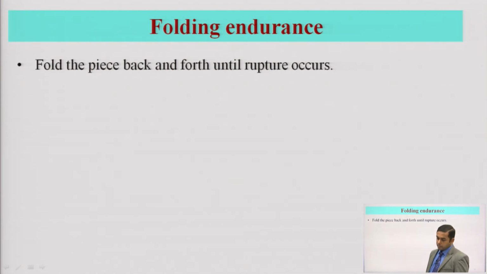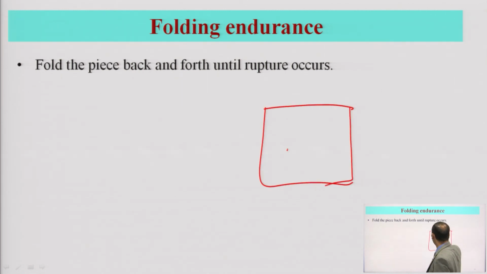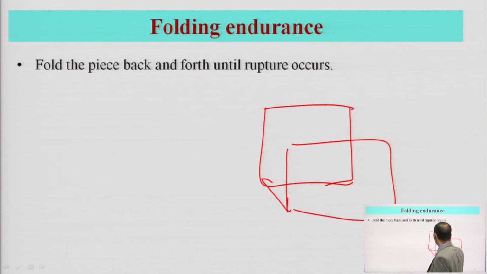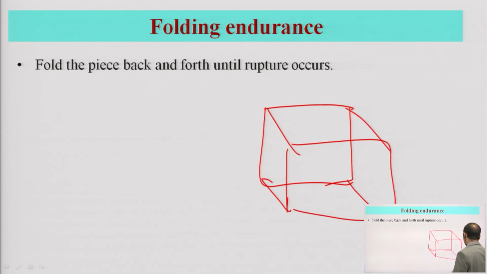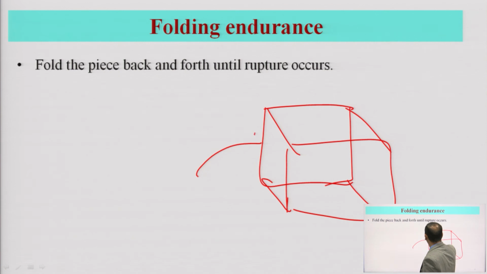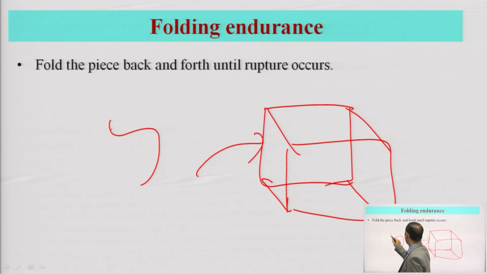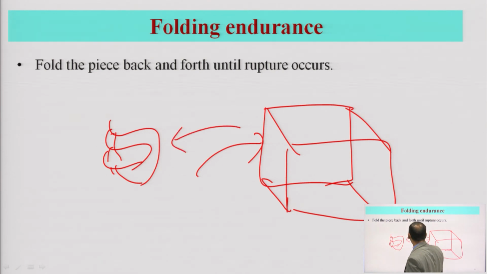Folding endurance: fold one piece back and forth until rupture occurs. If you have some paper like this, it is very simple. I think you also did this in your school days. Just fold it, fold it, fold it, and check when rupture comes.